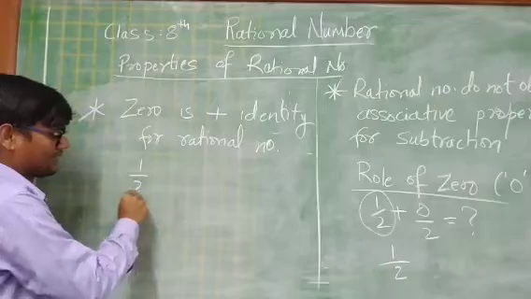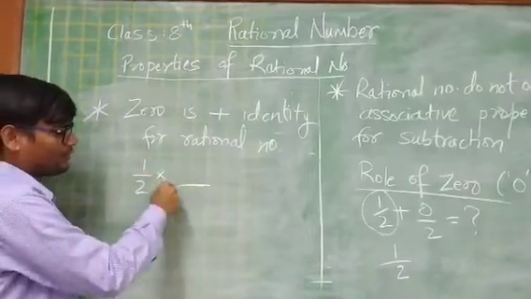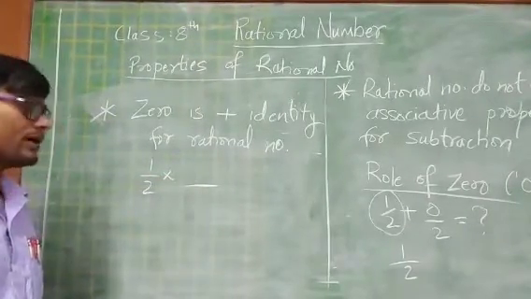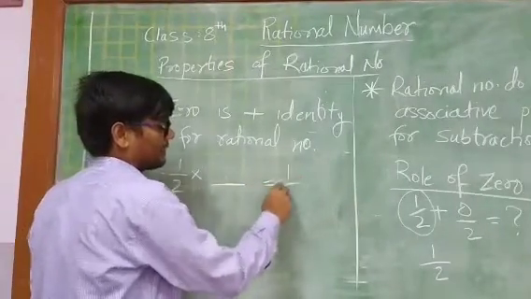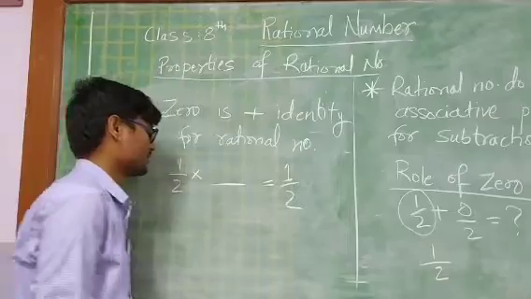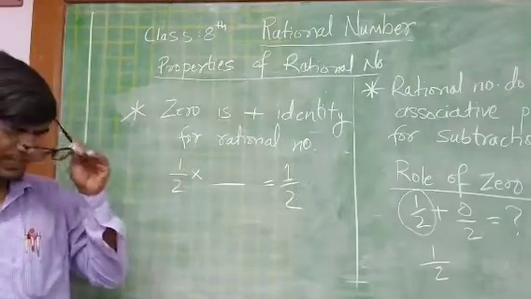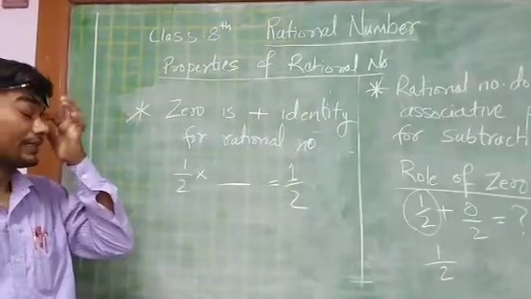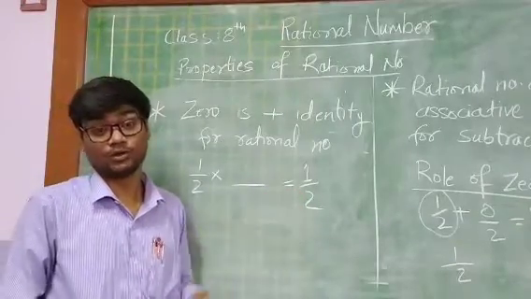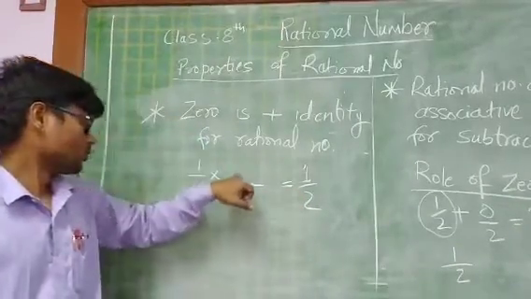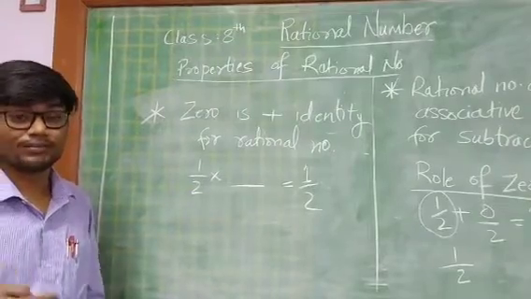This is the rational number and we are going to multiply it with a number. We do not know what that number is, but we know that the result is 1 by 2. It means that when we multiply this 1 by 2 with that number, it does not affect 1 by 2 and we get the answer as 1 by 2. Can you think of such a number?